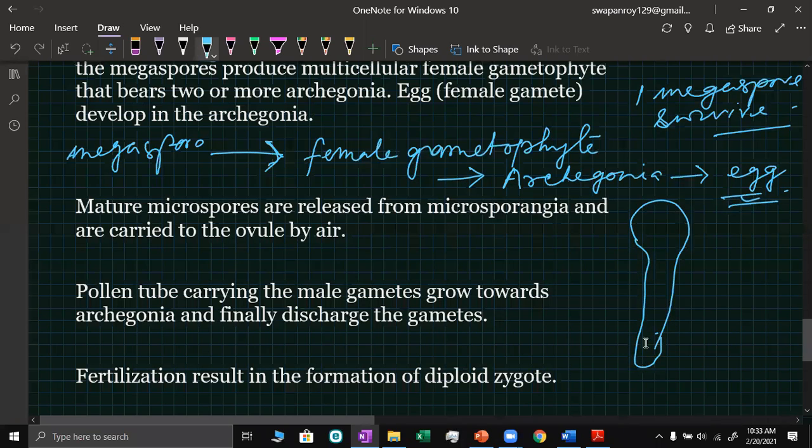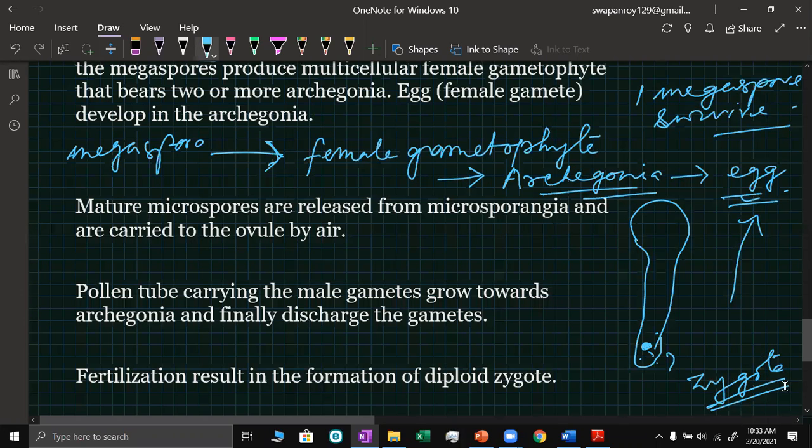This pollen tube carries the male gamete, which is discharged near the archegonia, and finally the male gamete fuses with the egg to form the zygote.